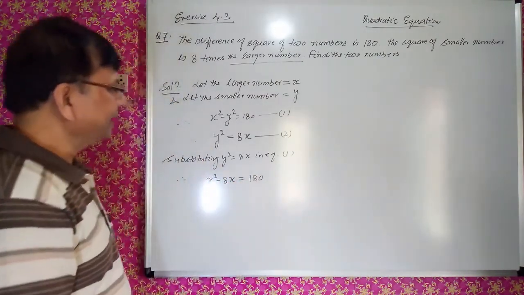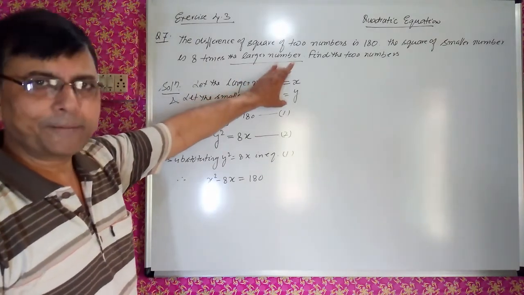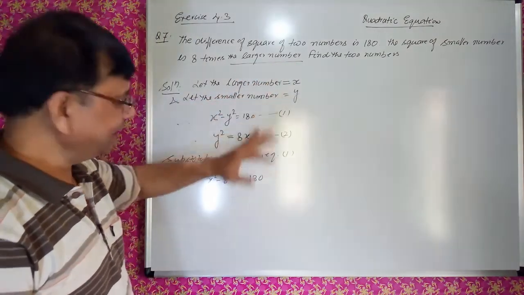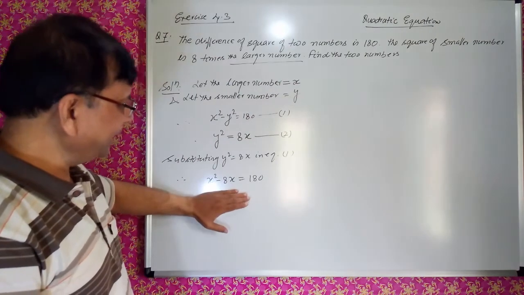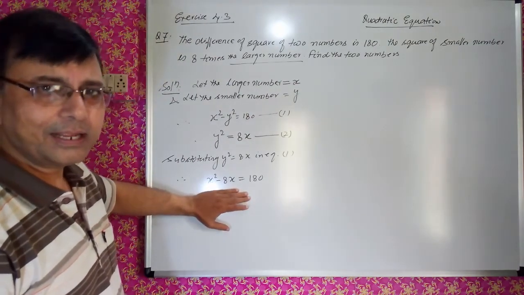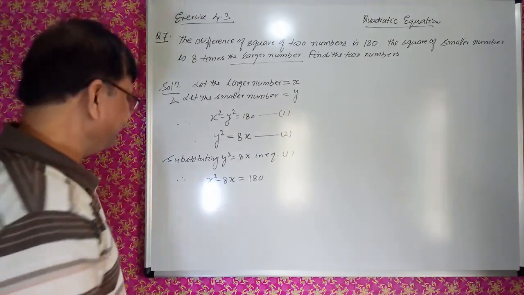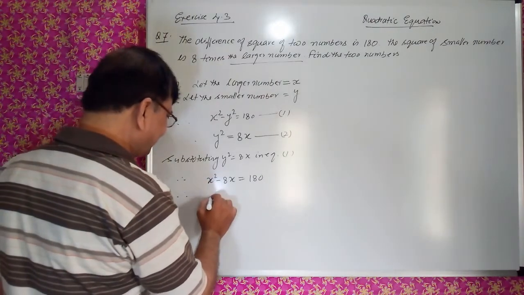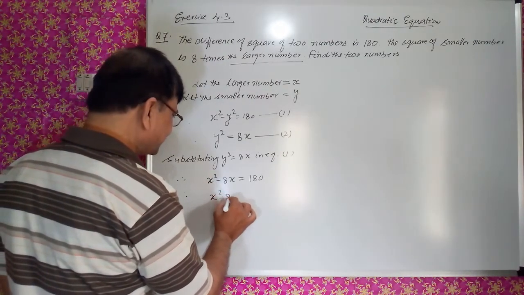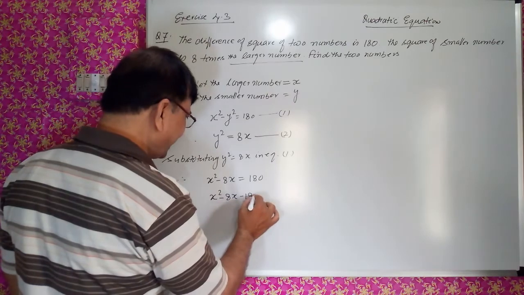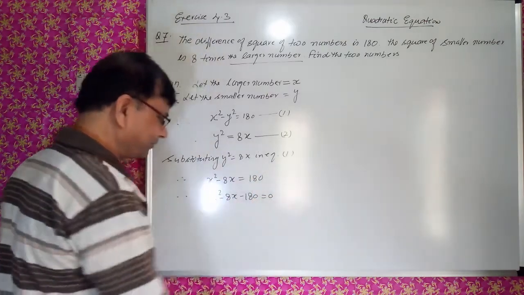You see, we assumed two variables, x and y, and we landed with an equation with only one variable, right? Therefore, this can further be written as x square minus 8x minus 180 is equal to 0.